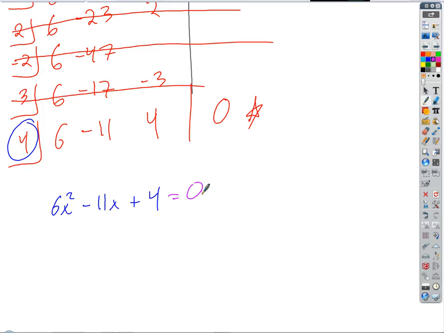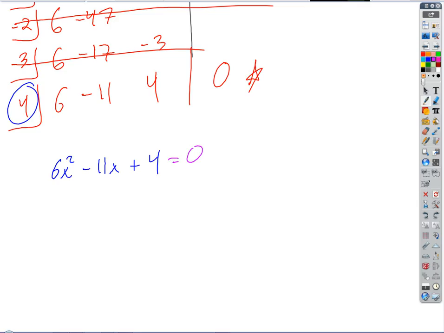If we solve this using the quadratic formula, what's a? It's in the form ax squared plus bx plus c equals 0. What's a? What do you know? A is 6. What's b? Negative 11. And c is positive 4. So those are really just going to be the coefficients that go into the quadratic formula, aren't they? Right?